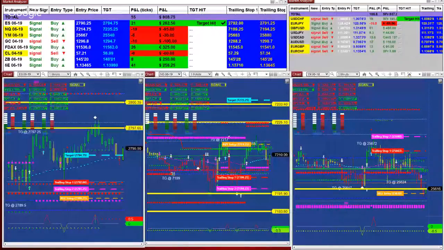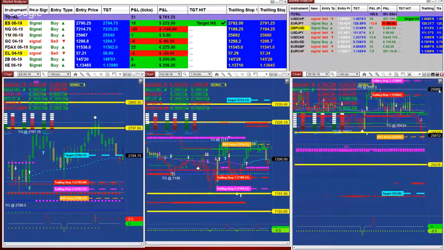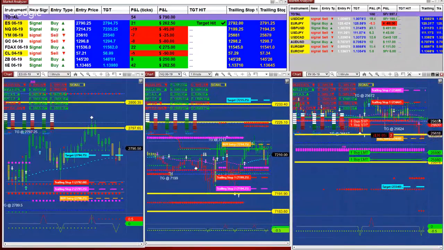There is no short on the ES, and we'll try to find you one. Okay, actually, we have a new signal on the YM. I will not take it. Okay, this is the auto trade.